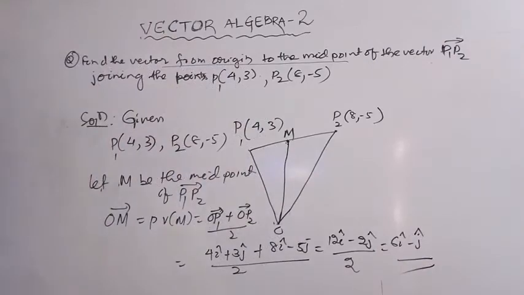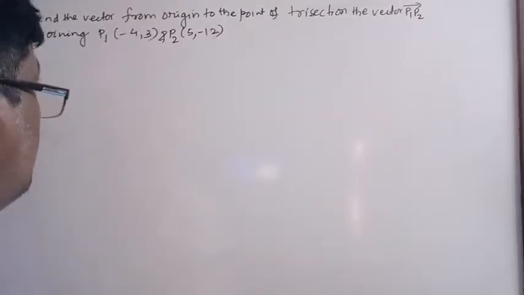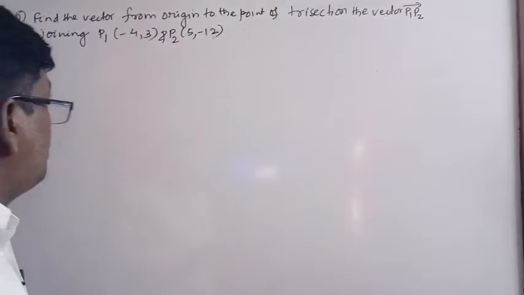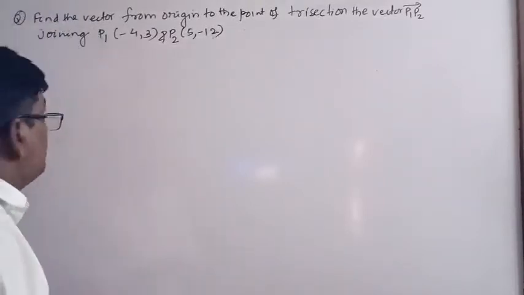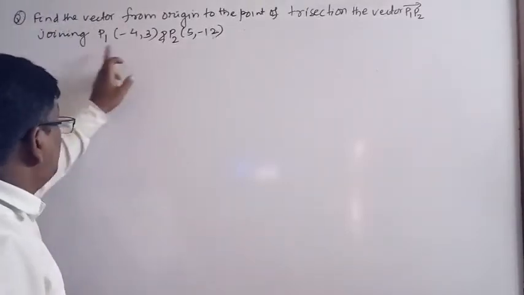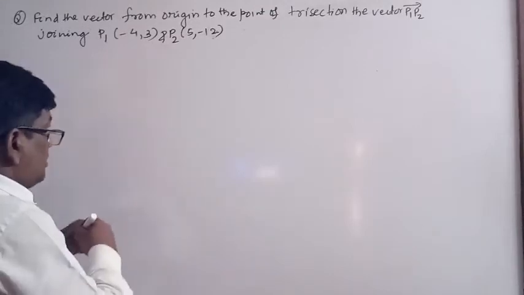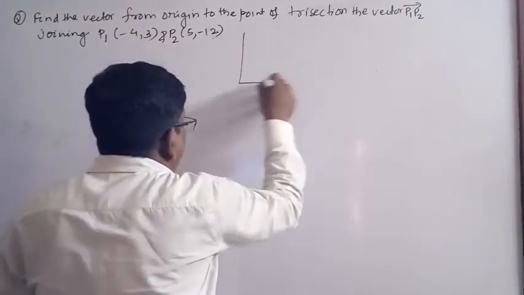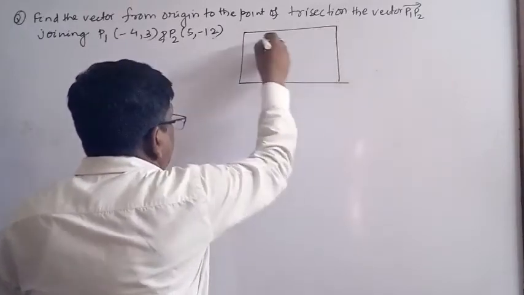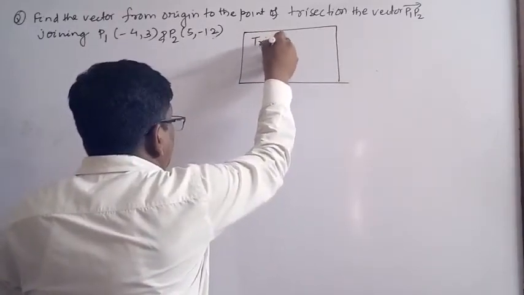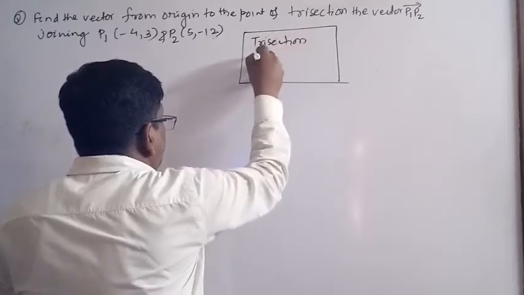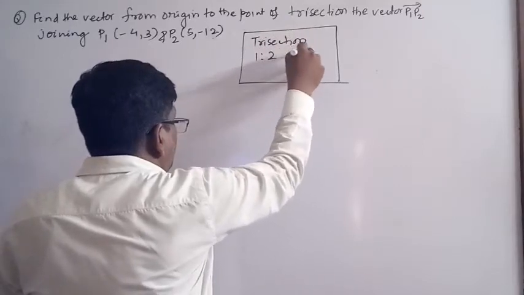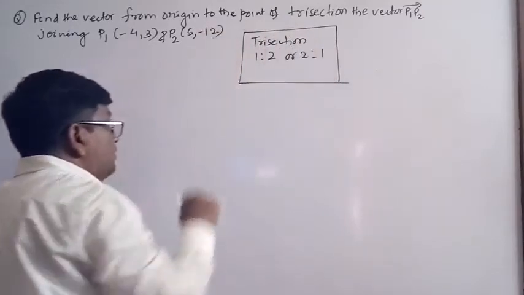Okay, now another question. Find the position vectors of the points of trisection of the line segment joining the points P1 and P2. Trisection means the ratio is 1:2 or 2:1.